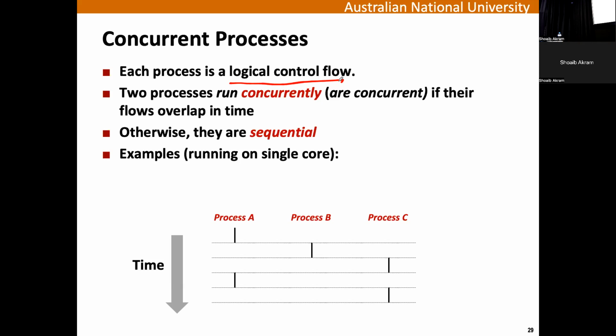Look, concurrency is, regardless of the actual resources, if two things are happening at the same time. This is time on the vertical axis, okay? When process B is doing something, is process A still live? Is it still active?